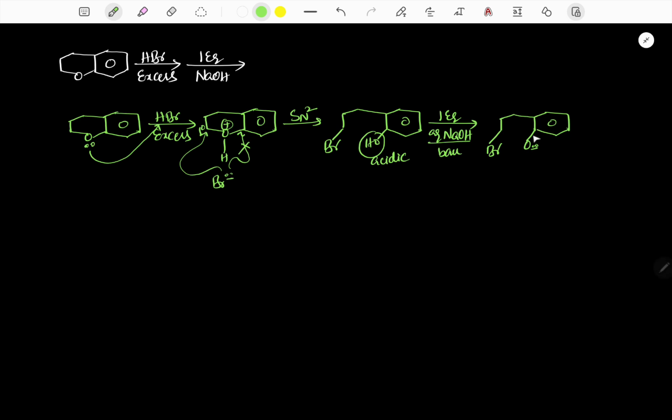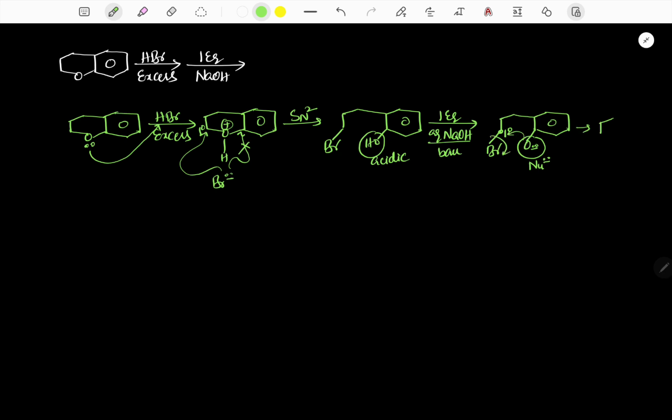Now if I observe this reactant, it has a nucleophilic or basic part, and here we have a primary carbon. Since phenol is more acidic than water, if any compound is more acidic than water, the corresponding conjugate base is a nucleophile. Therefore the nucleophile attacks internally and the leaving group will leave.